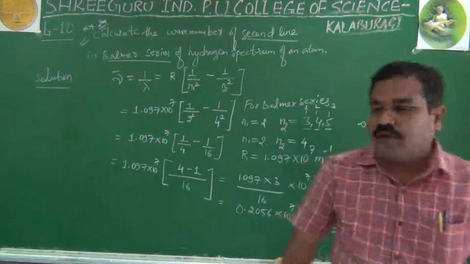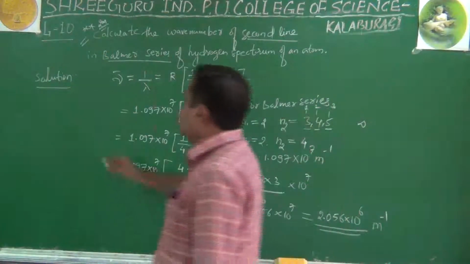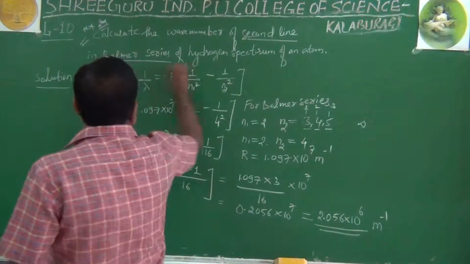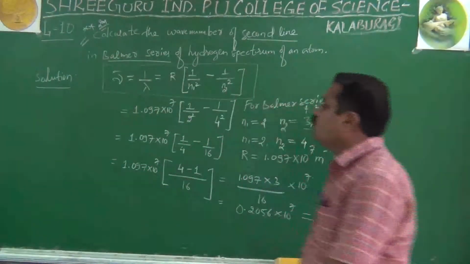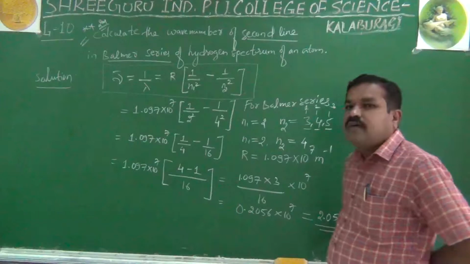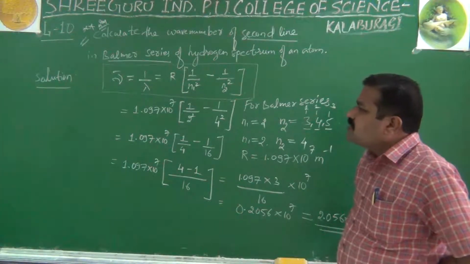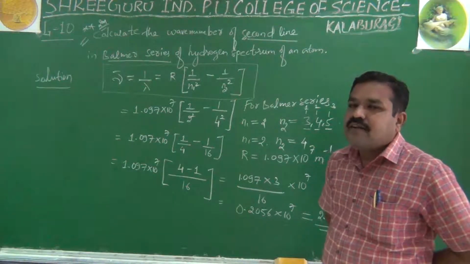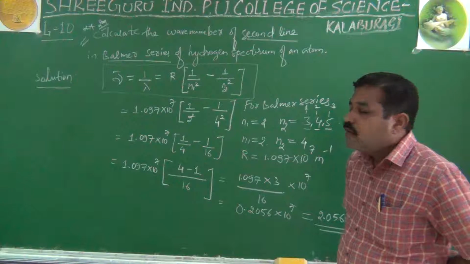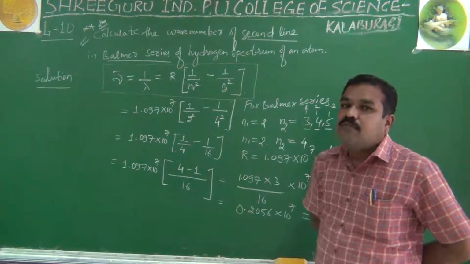If they ask for a wave number, then please remember this Rydberg equation, that is nu bar is equal to 1 over lambda, or 1 by lambda is equal to R into 1 by n1 square minus 1 by n2 square. They may ask you not only the Balmer series, they may ask in any of the Lyman, Balmer, Paschen, Brackett and Pfund series. In this particular problem, they asked the Balmer series.